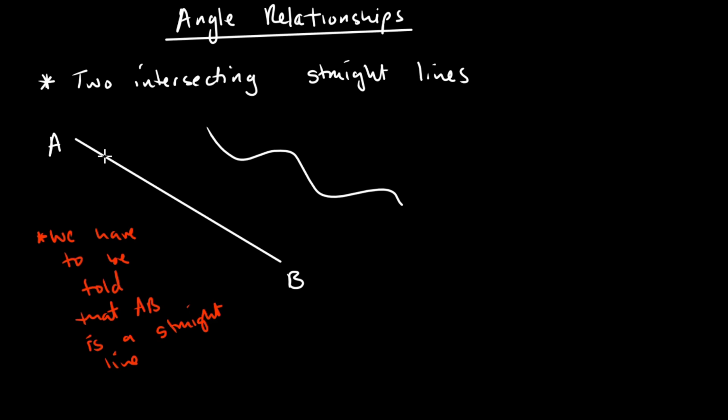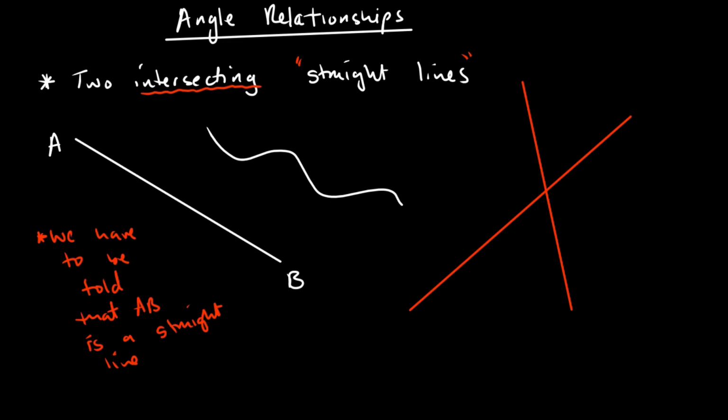So we may not have one straight line. We may have two of those straight lines. When we have two straight lines that are intersecting, what is to intersect? To intersect is, I may have this straight line and I have another straight line.